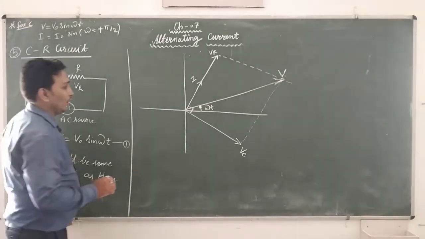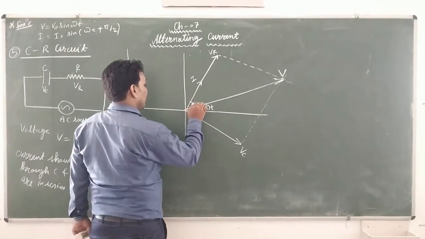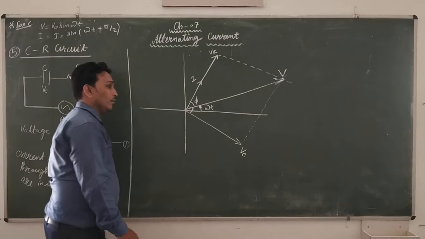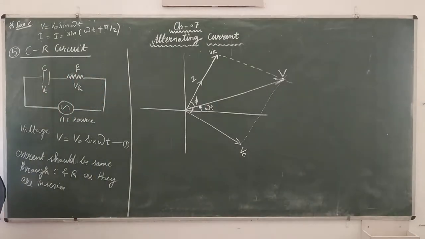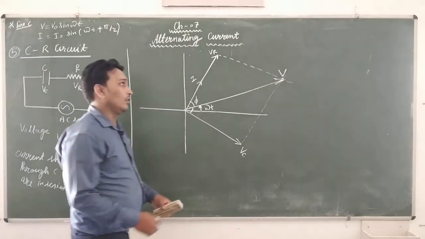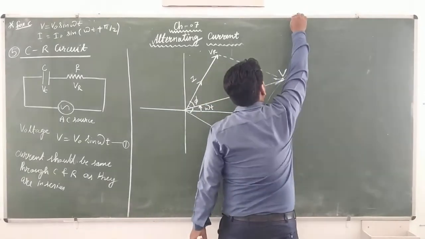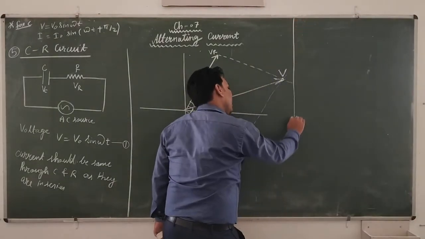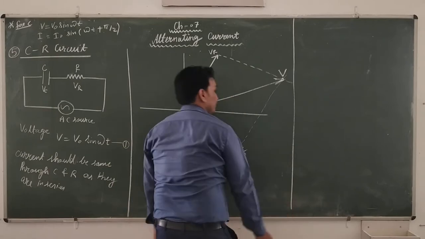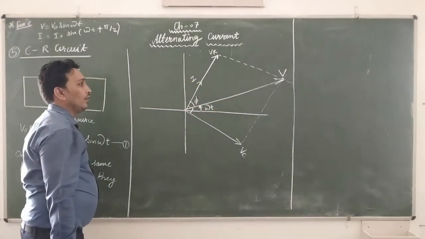Remember, the angle between current and voltage is given by phi. Now the whole thing we have to calculate again: the current, the impedance, and the value of phi, and then we draw the impedance triangle.